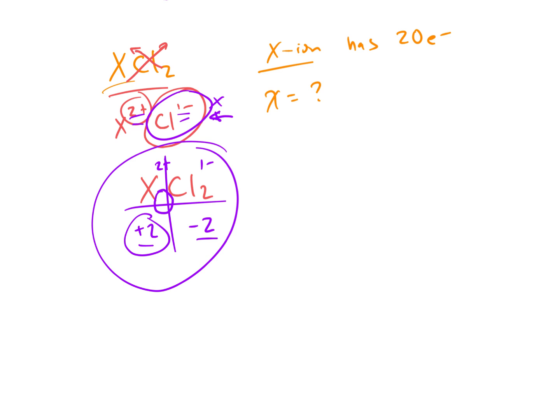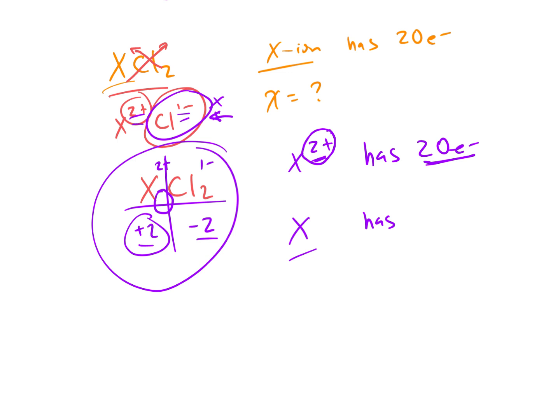All right, so that means this X2 plus ion has 20 electrons. So what is the X element? How many electrons does the X element have? It has 20 after it becomes an ion. What is it before it becomes an ion? Neutral. It got rid of 2 electrons, and now it has 20.